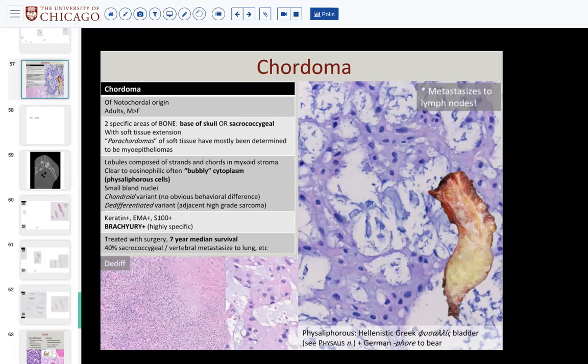If they have brachyury, they're probably metastases of chordomas. Even though chordomas don't have a malignant terminology to their name, they can be very locally aggressive. They can recur. They can metastasize in this histologic form of epithelioid cells.